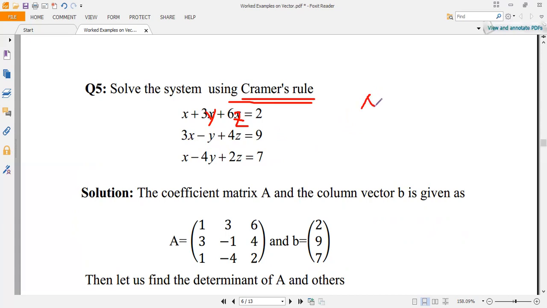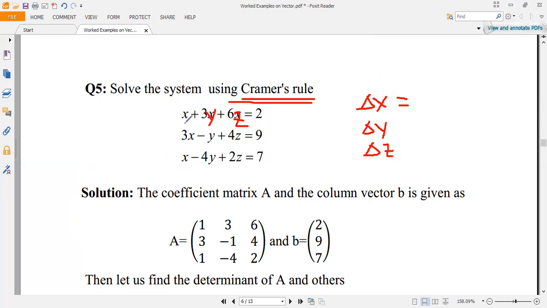It is going to determine the determinant in x, the determinant in y, and the determinant in z. These determinants are obtained by replacing a column by the column vector 2, 9, 7.